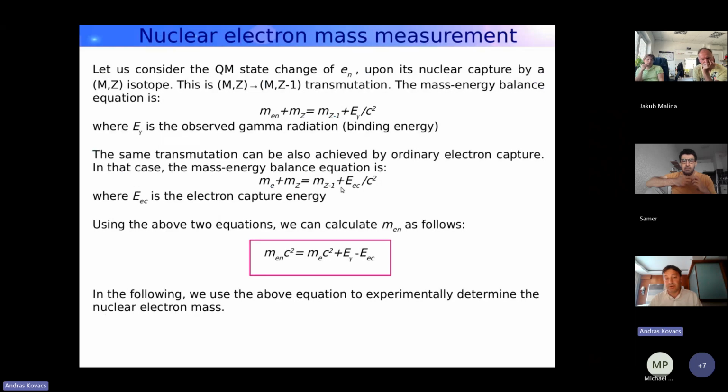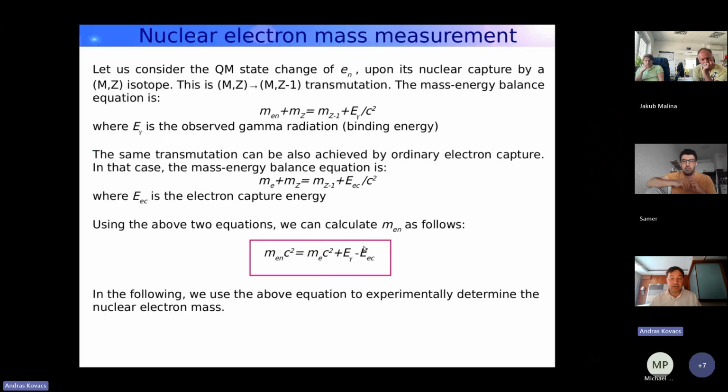This is the electron capture reaction. Then you get the same outgoing isotope plus the electron capture energy. Now the incoming and outgoing isotopes are the same, so we can just subtract these two equations. And this is the most important to keep in mind: we have a formula for the nuclear electron mass. By subtracting these two, the nuclear electron mass is nothing else than the electron mass plus the radiated gamma energy minus the electron capture energy. Remember that the electron capture energy is negative for most isotopes.